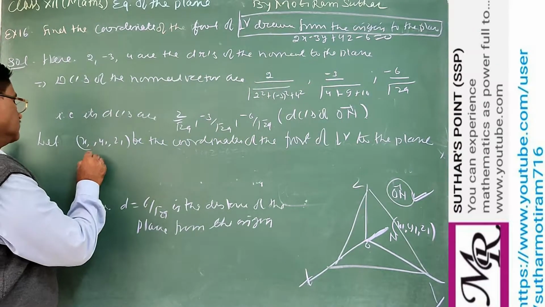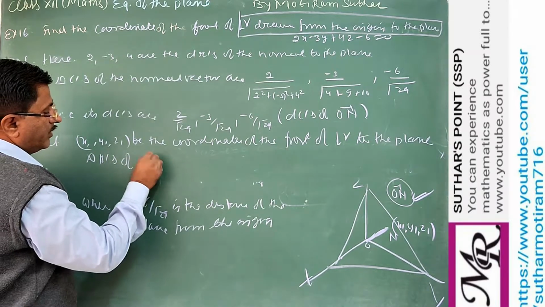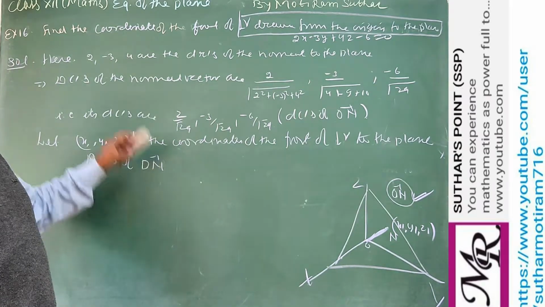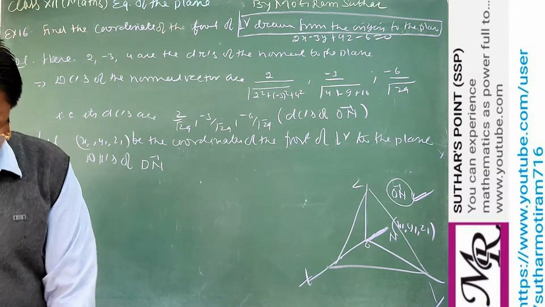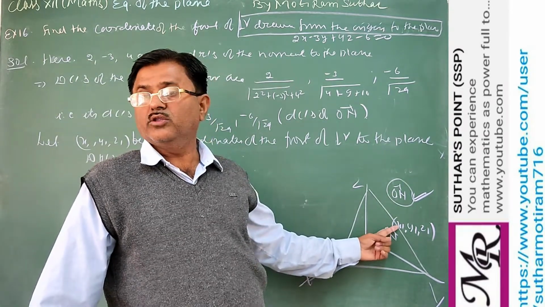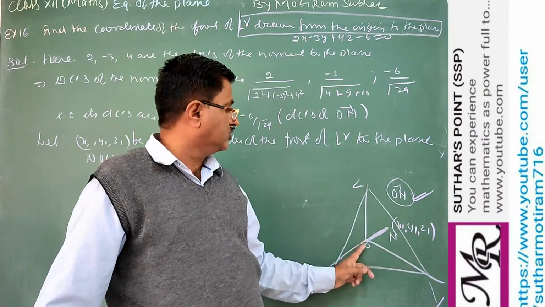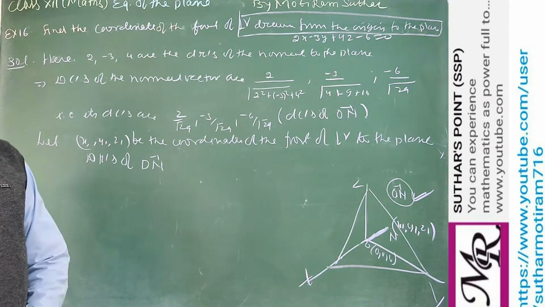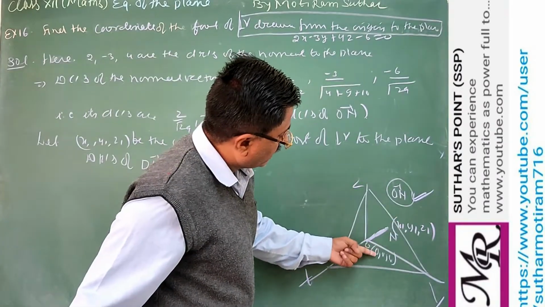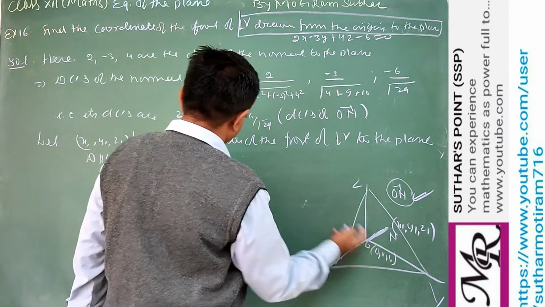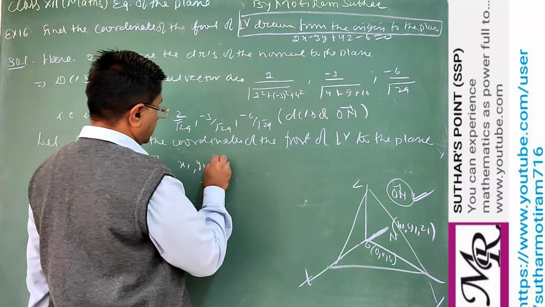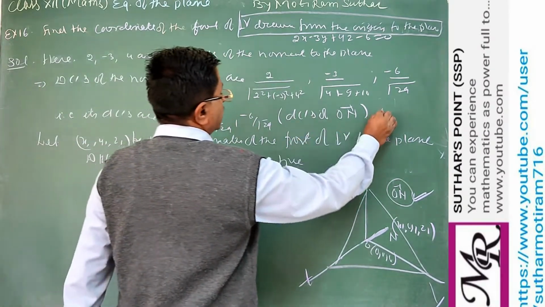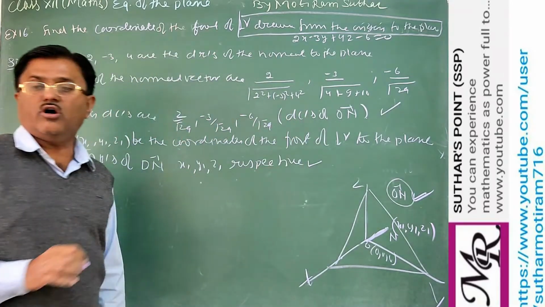The direction ratios of OL from the equation are 2, minus 3, 4. But we can also find the direction ratios of line OL using two points, x1, y1, z1 and the origin 0, 0, 0, with the two-point form. So the direction ratios are x1 minus 0, y1 minus 0, z1 minus 0, that is x1, y1, z1. So we get two important things: these are the direction cosines of OL and these are the direction ratios of OL.